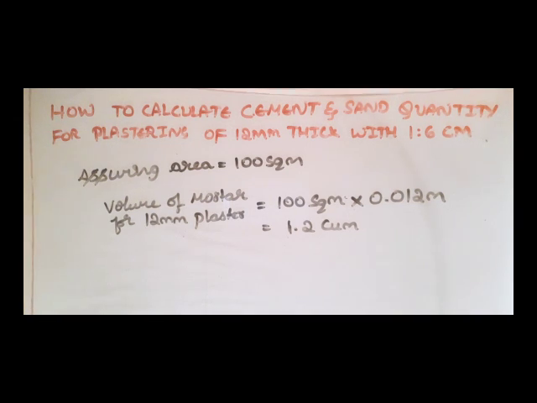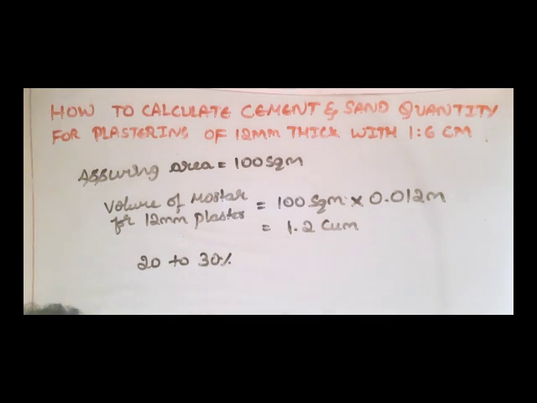This is the volume of mortar required for the plastering of 100 square meter. But while plastering this wall, a certain amount of mortar gets wasted. That wastage is considered to be around 20 to 30% of the quantity.